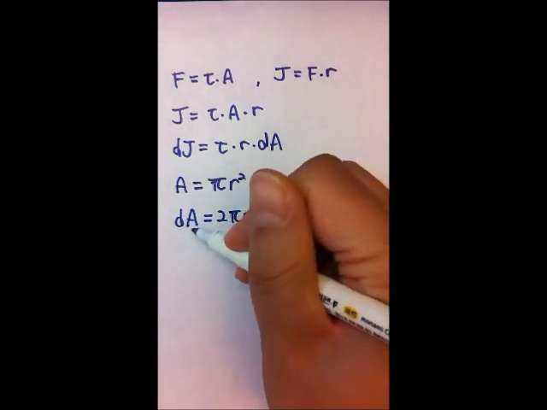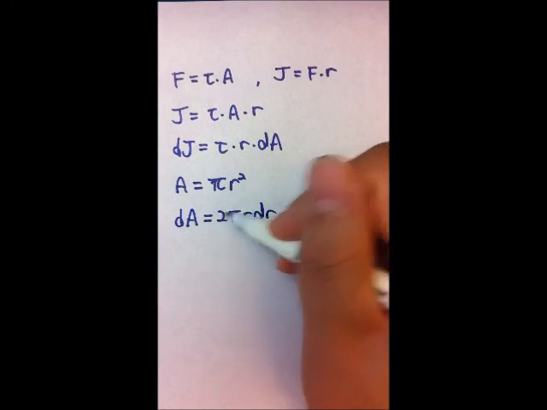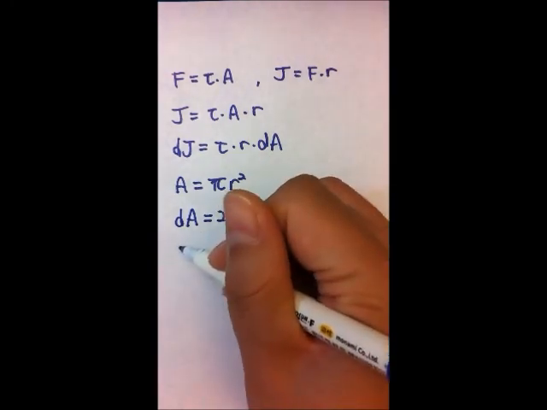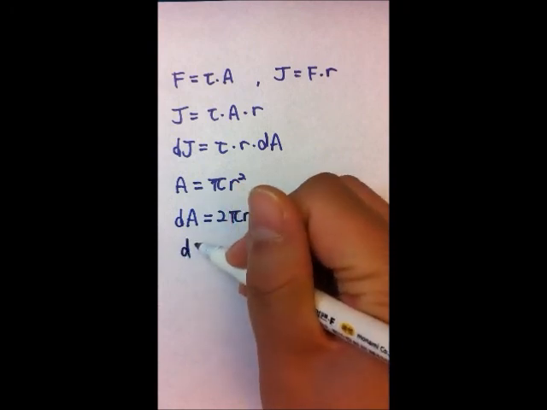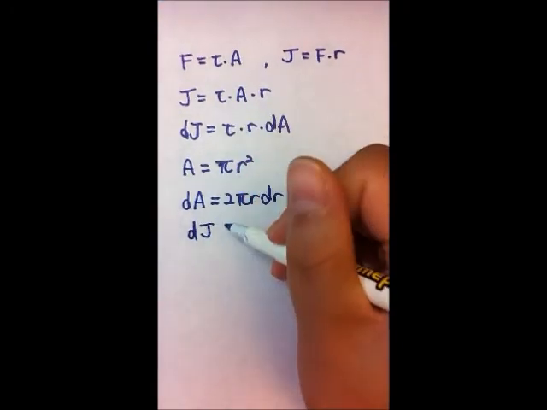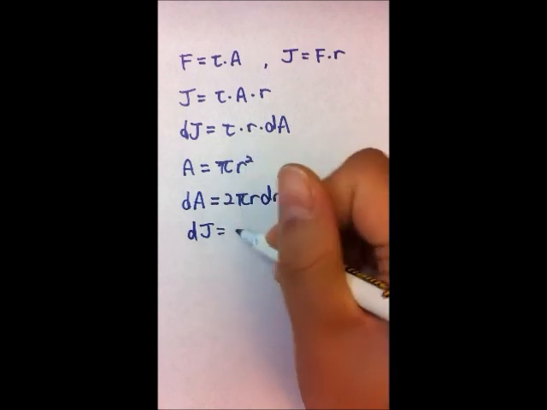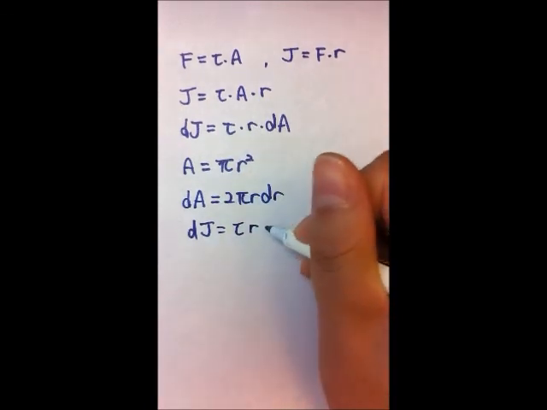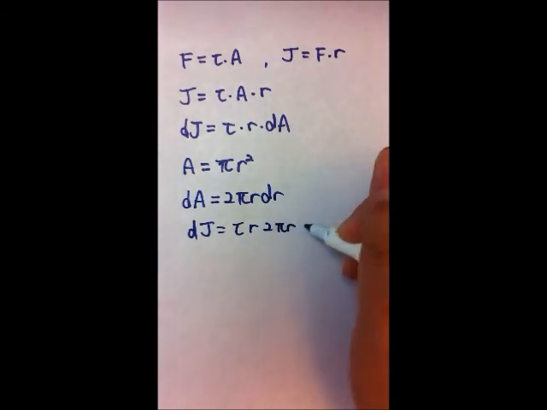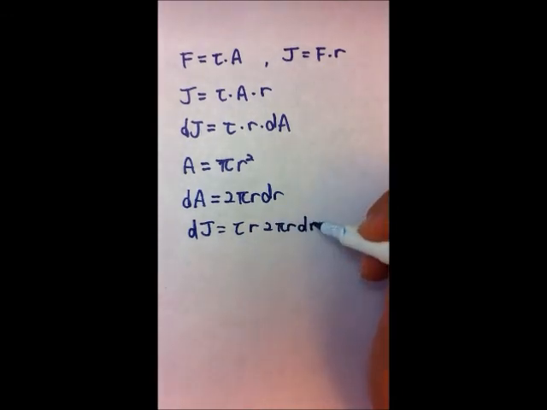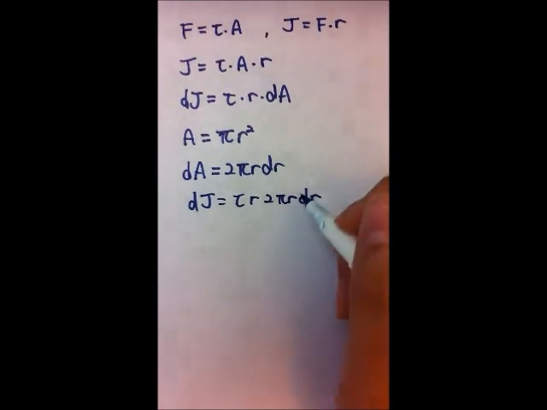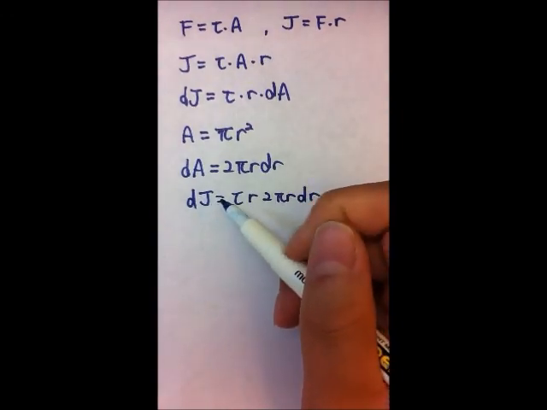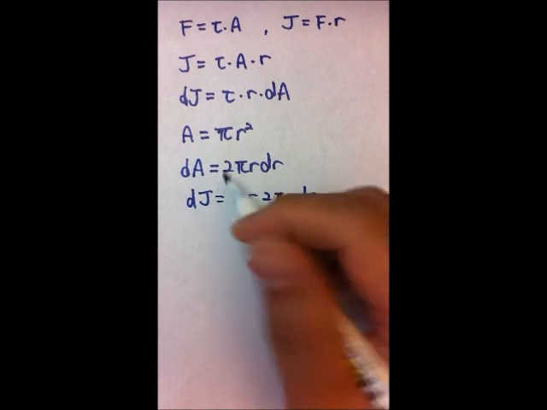So we plug this dA into the torque equation, then we're going to get dT is equal to tau r 2 pi r dr. Now to find out the torque, we have to integrate this time.